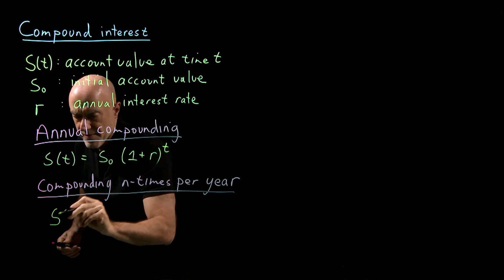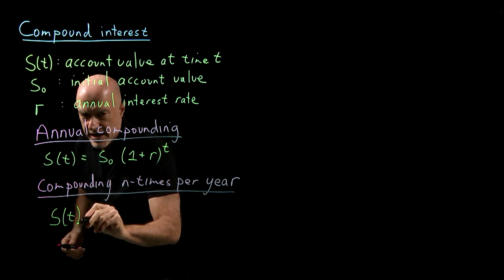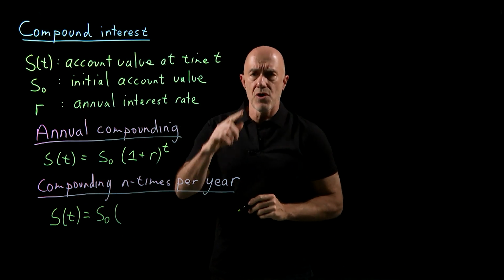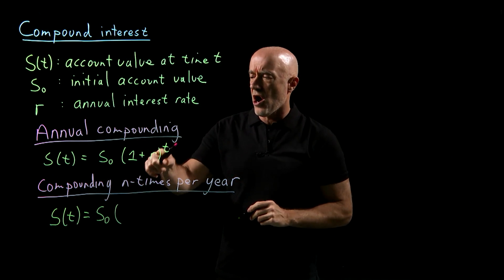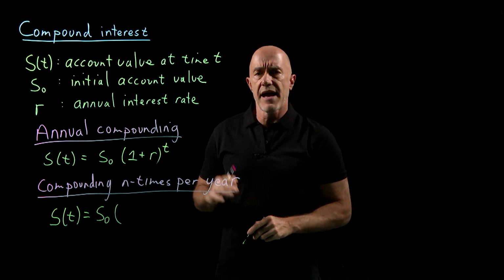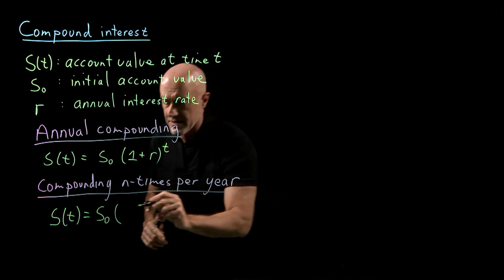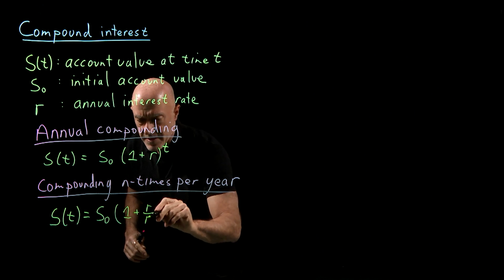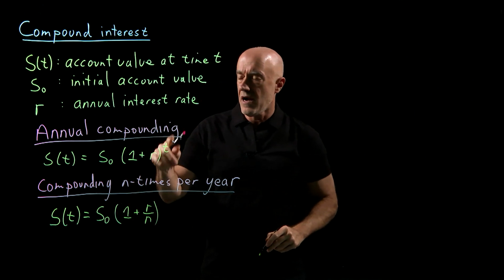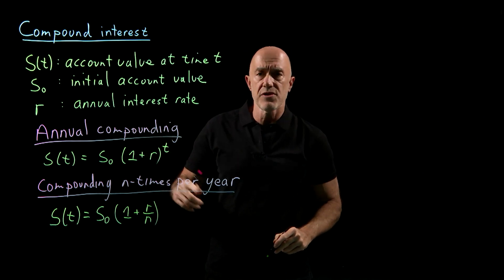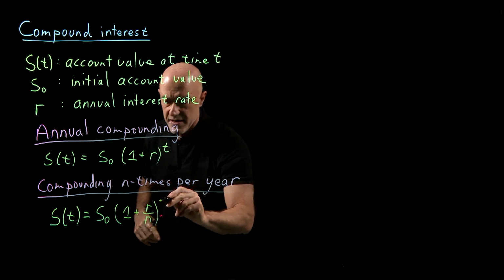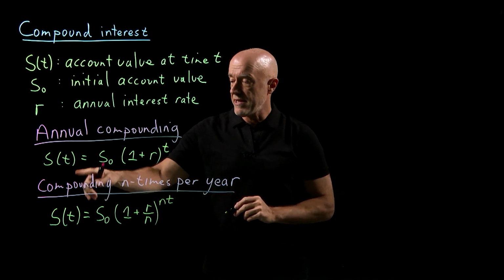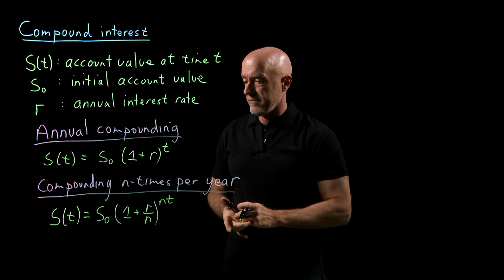The amount of money in the account at time t is S naught. Each time you earn interest, you don't earn R, which is the annual rate. Now you earn R divided by n, which is the rate you get for that period of compounding. And instead of getting it every year, you get it n times per year. So it would be raised to the nt power. And that would be compounding n times per year.